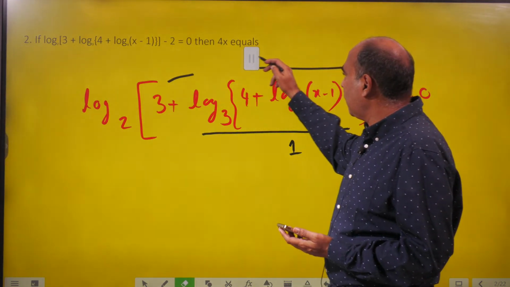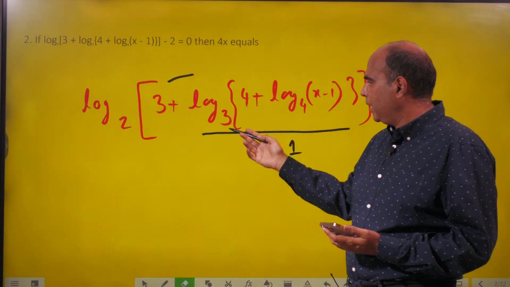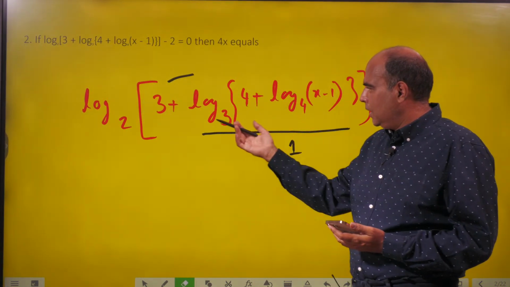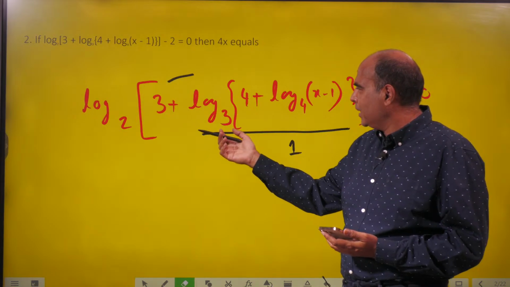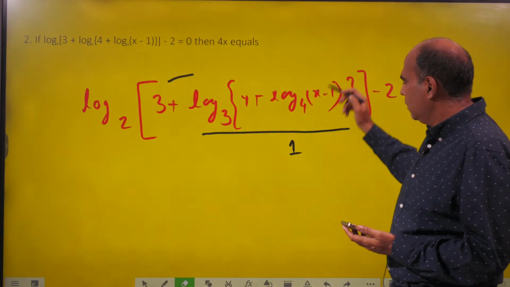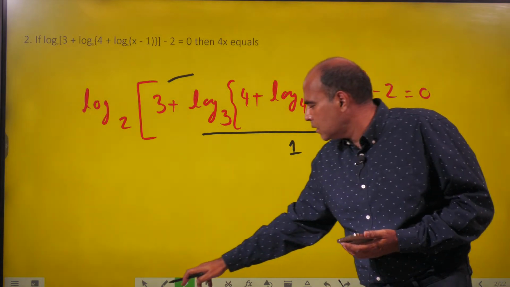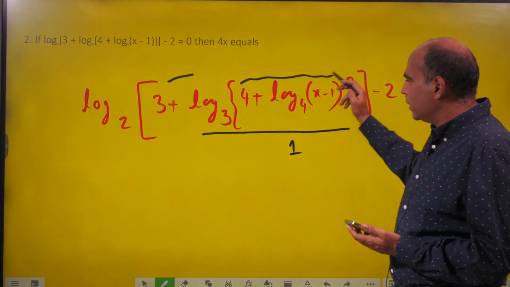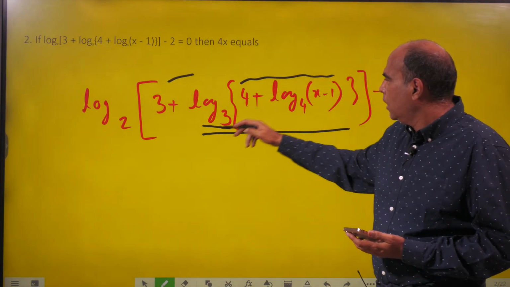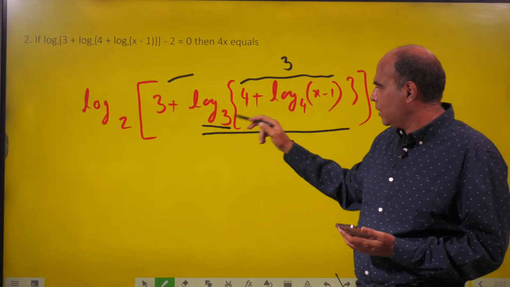And for this part to become 1, this whole part is an expression of log to the base 3. It means that inside this log to the base 3, the argument has to become 3, because log 3 to the base 3 will be 1.